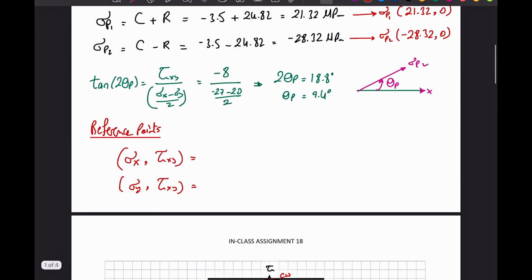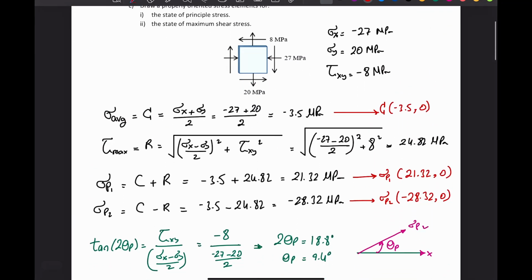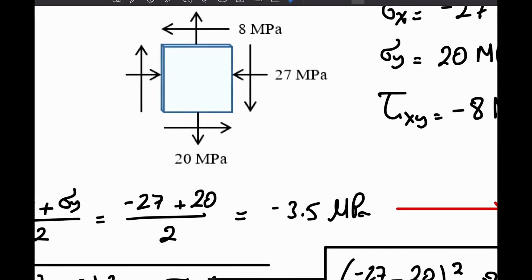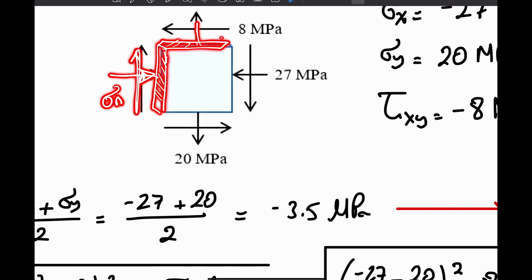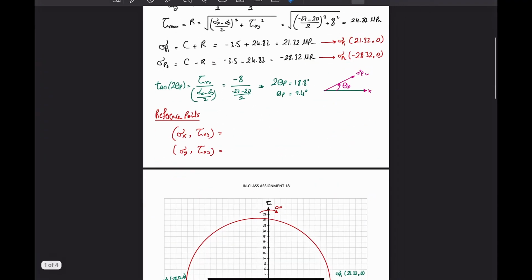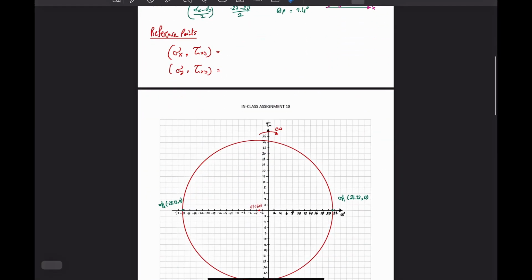For example, this is the stress element, and this plane that we don't see, inside the page, has a normal stress and a shear stress. Any plane has a normal stress and shear stress. That's why when we put a point on a circle, we are talking about a plane.